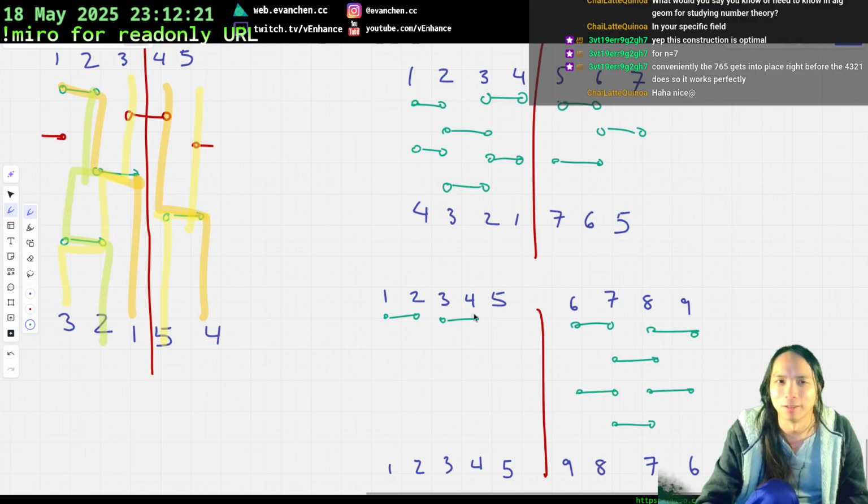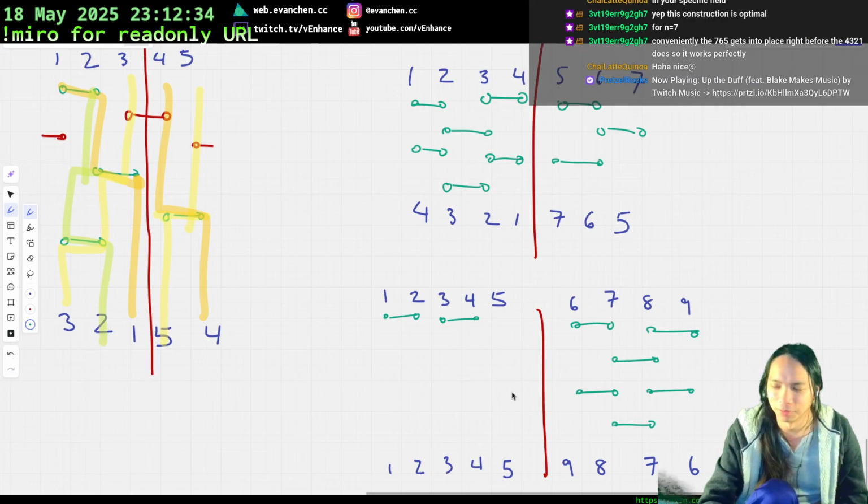Oh, wait, hang on. Wait, what happened here? It's like we just did it anyway. I mean, this just starts later, right? I don't really care as long as it fits within 4 rows.